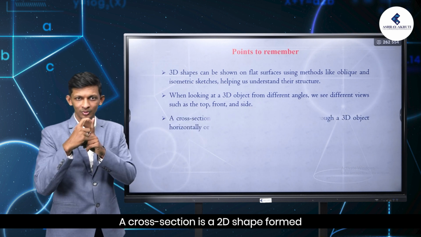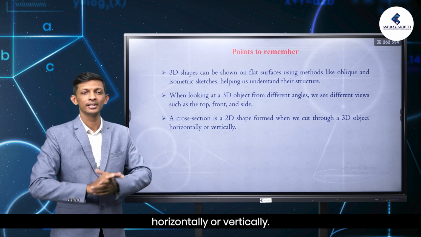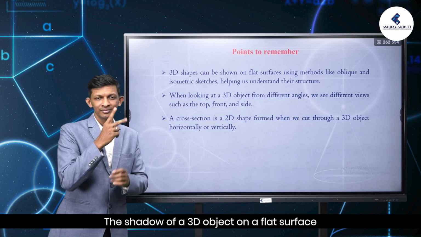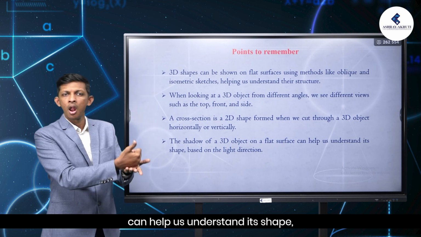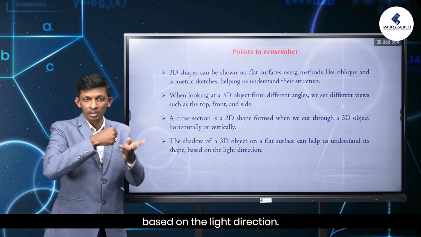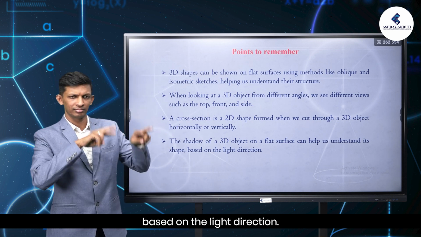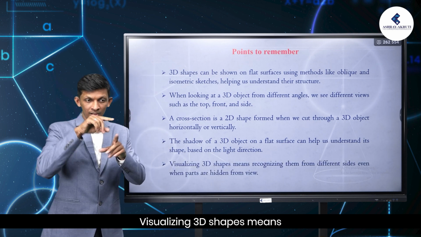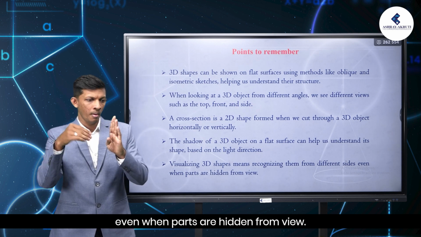A cross-section is a 2D shape formed when we cut through a 3D object horizontally or vertically. The shadow of a 3D object on a flat surface can help us understand its shape based on the light direction. Visualizing 3D shapes means recognizing them from different sides even when parts are hidden from view.